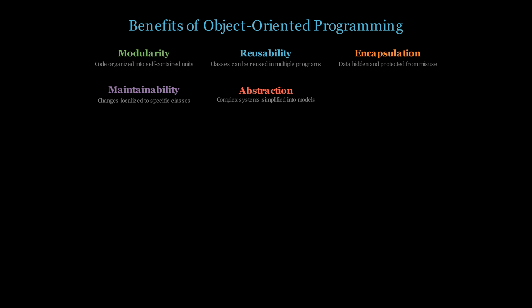Encapsulation protects data from invalid modifications. Maintainability means changes are localized to specific classes without affecting others. Abstraction simplifies complex real-world systems into manageable models. These benefits make OOP ideal for large applications.